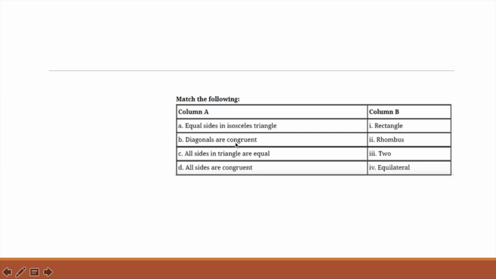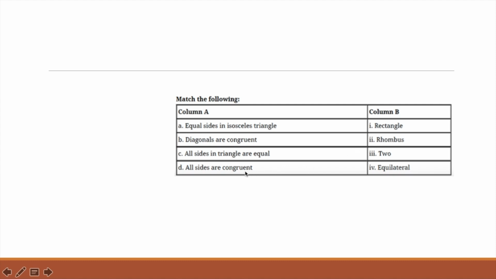Diagonals are congruent means diagonals are the same. Here we need to see what is the minimum requirement. Diagonals are congruent, we can give it to a rectangle or to a rhombus. But let's see if you're getting something else for rhombus. All sides in a triangle are equal, that is an equilateral triangle. All sides are congruent is not applicable for all, it is just applicable for rhombus.